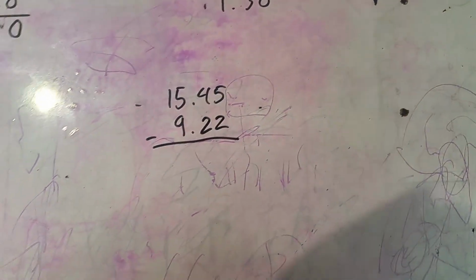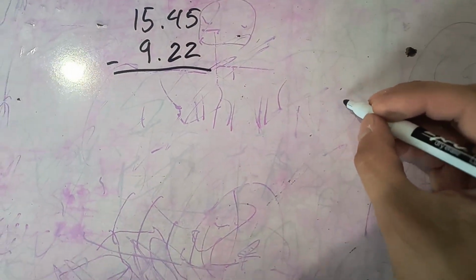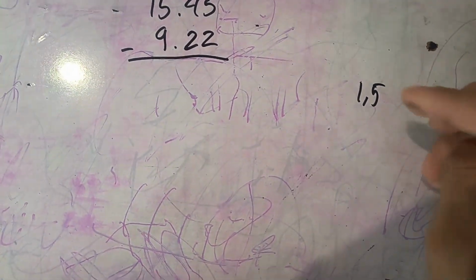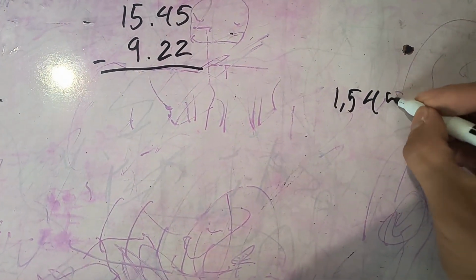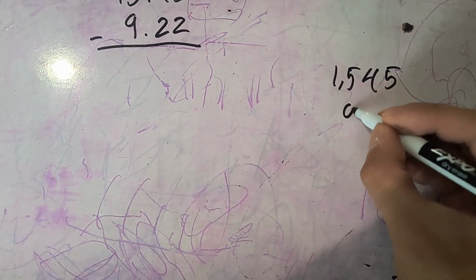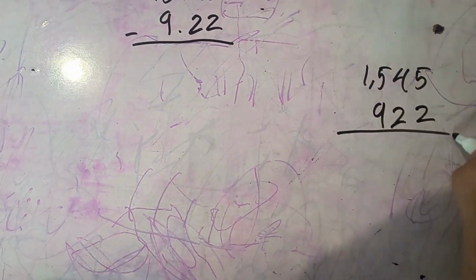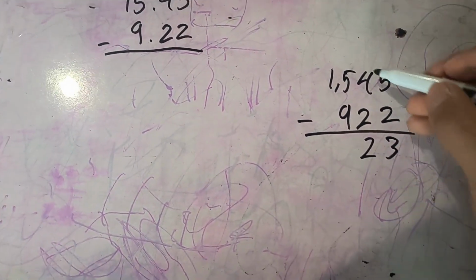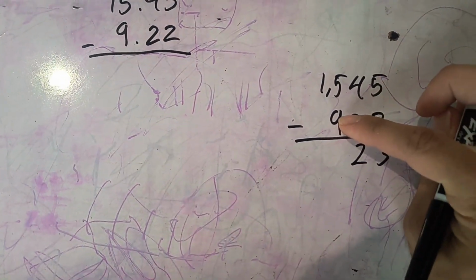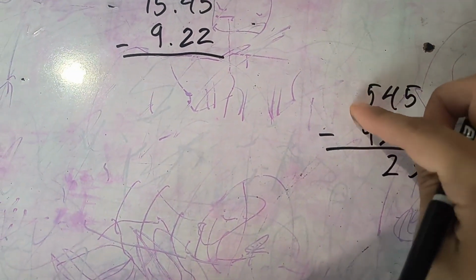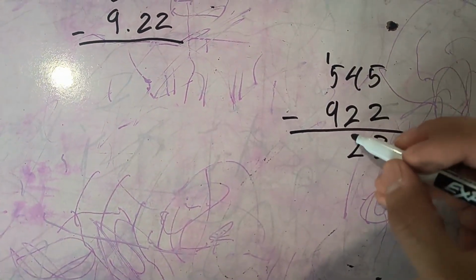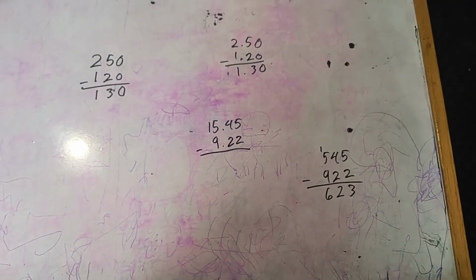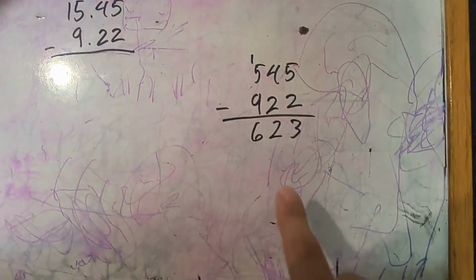This would be exactly the same thing as 1,545 minus 922. If we did this, 5 minus 2 is 3. 4 minus 2 is 2. We can't do 5 minus 9, so we have to take one. This becomes 15. 15 minus 9 is 6. And we get that. There we go. 623.